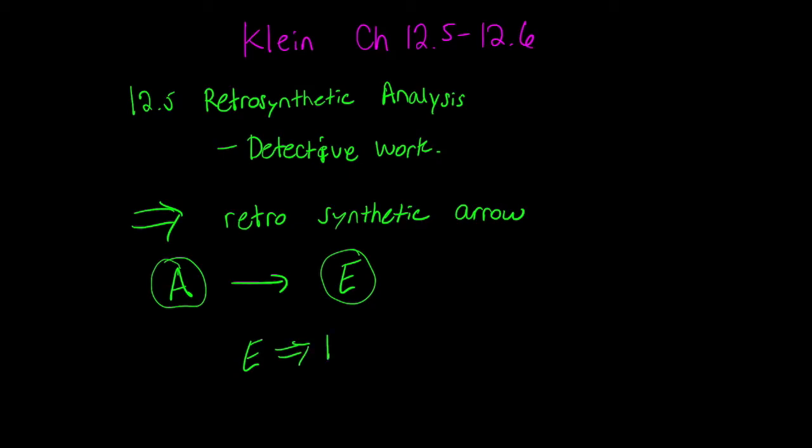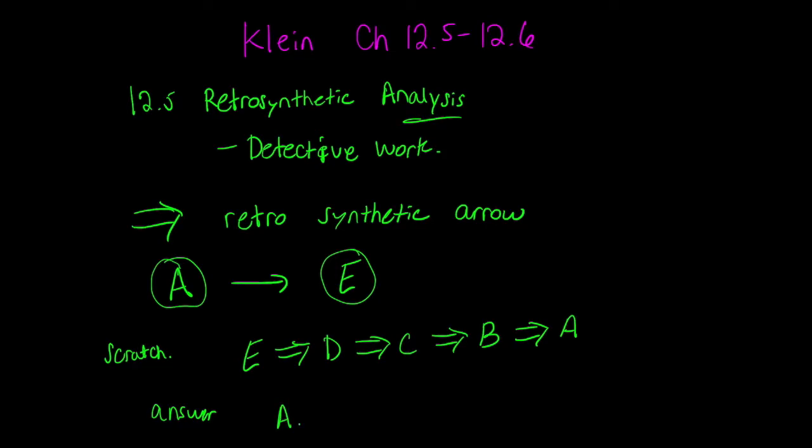Well, that could come from D, that could come from C, that could come from B, and that could come from A, okay? And then this is scratch work. This is retrosynthetic analysis. And then your synthetic answer would, of course, be in the forward direction.